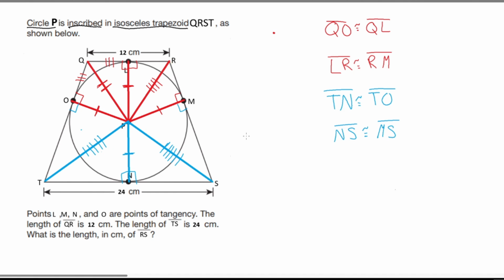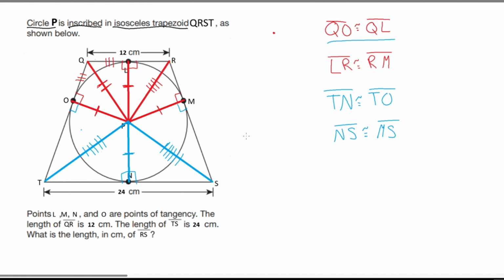Now that we know all these sides are congruent, QO congruent to QL, LR congruent to RM, TN congruent to TO, and NS congruent to MS, we can now prove the tangential trapezoid property or theorem. First, we're going to label QL, and we know that QL and QO are congruent.